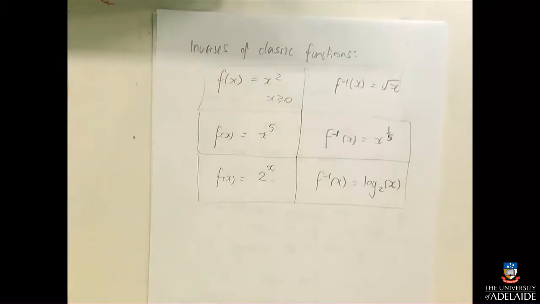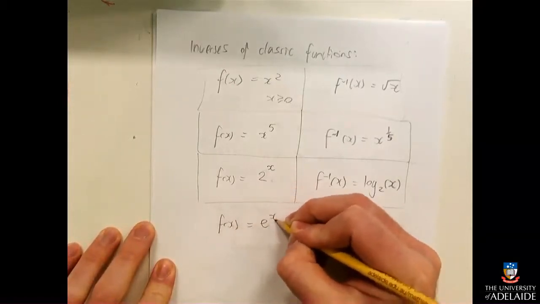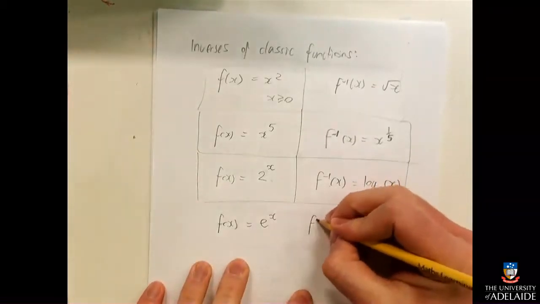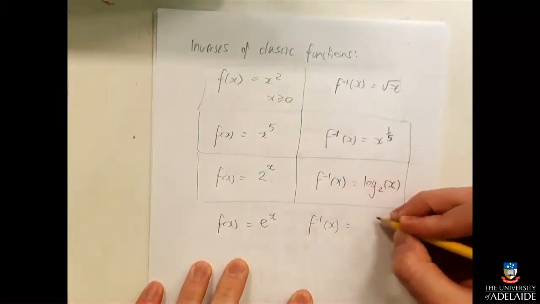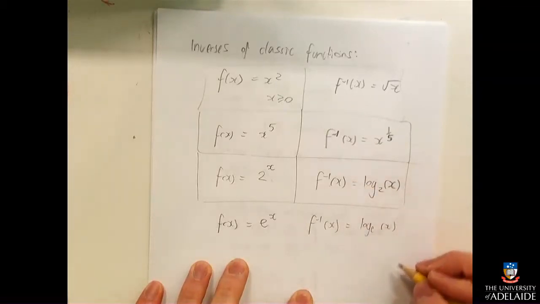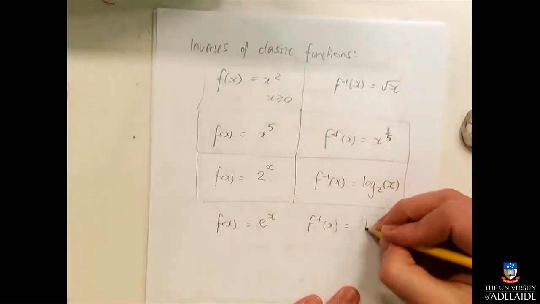Right. And the classic one is e to the power of x, where e is an irrational number, about 2.7. And you would think that it would be called log base e of x if you wanted, but what they call it is ln.